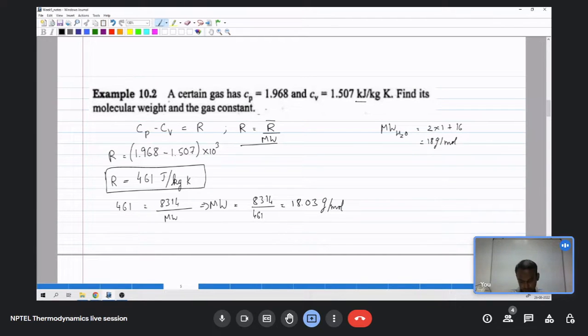So this is very close to H2O, so probably the data is for the water. If you don't have any questions, I can move on. No, sir.